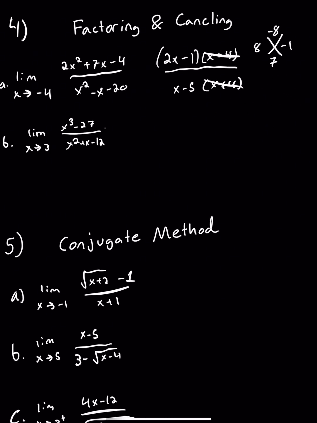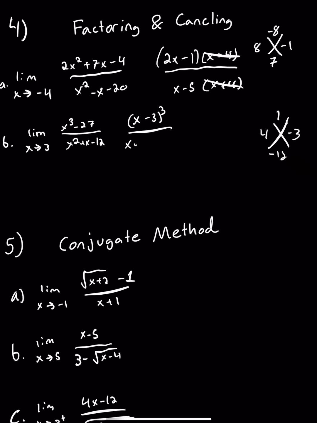Okay, now let's look at this one. x cubed minus 27. Now, this isn't one that you can just factor out, but you can get rid of a cube in there. So it's x minus 3 cubed. And on the bottom, it needs to multiply to negative 12 and add to 1. It's going to be 4 and negative 3.